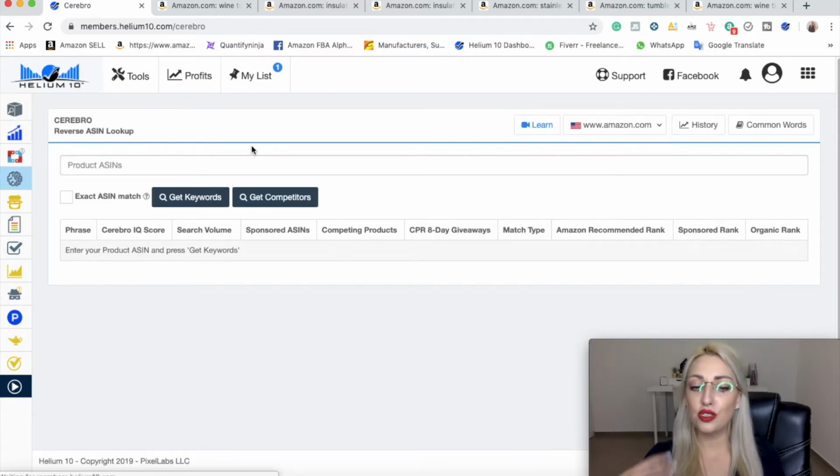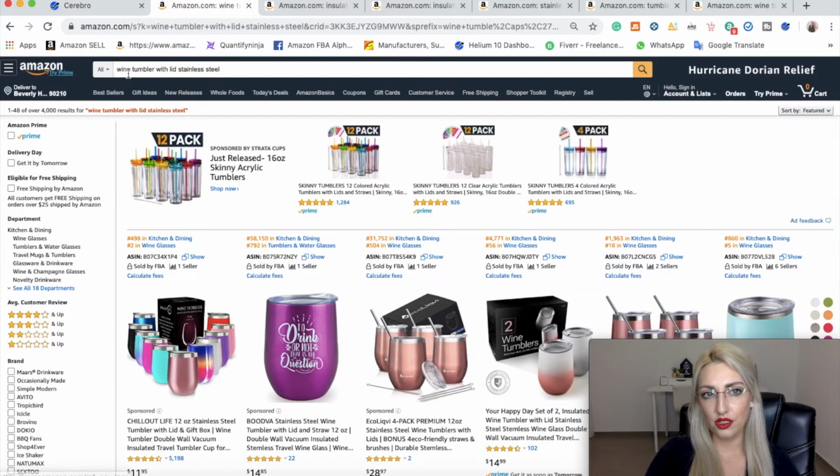So the first example that I want to show you guys today, just to understand the importance of knowing your keywords, is with wine tumblers. The first example is wine tumbler with lid stainless steel. Someone had recently sent this to me, and this is a great example of not using the correct main keyword.